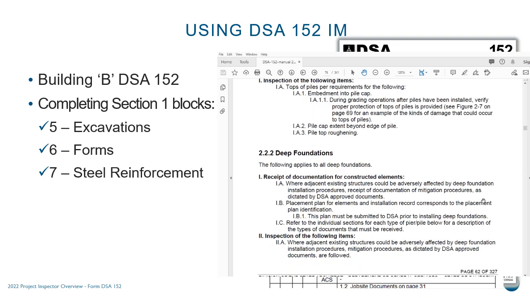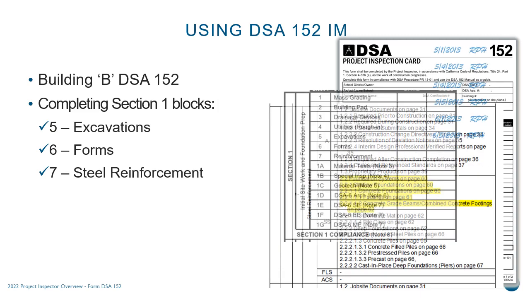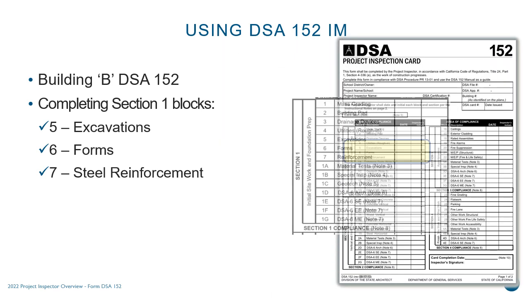Again, I'm just trying to show you how you can navigate through the manual. So after you've verified that, coming back to the card, you would go ahead and put the date and initials based upon those documentation and inspection items that you had completed for that system.